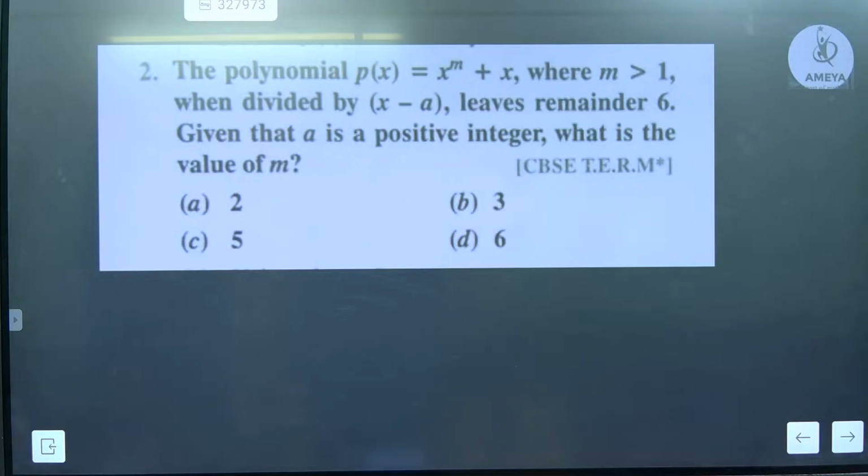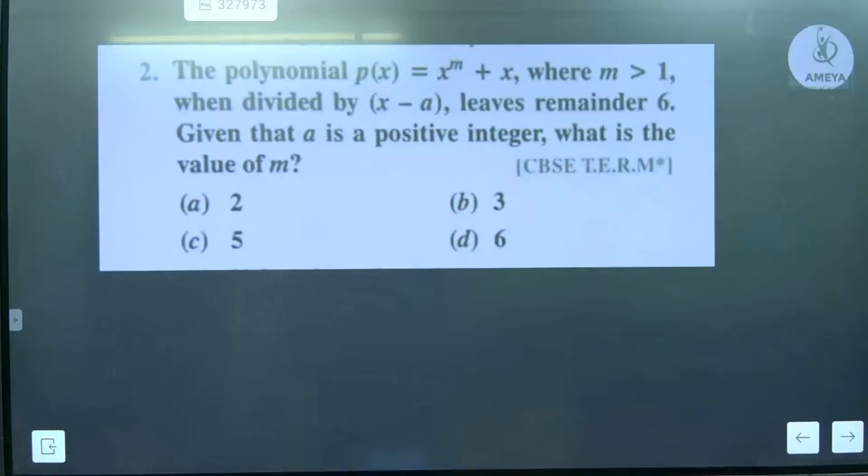Now say, beta, the polynomial p of x is equal to x to the power m plus x, where m is greater than 1. m is the degree. That means it can have any degree strictly greater than 1. It cannot have degree 1, it can have any degree greater than 1. After that, what are they telling?